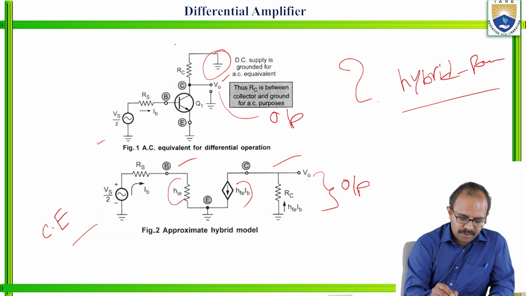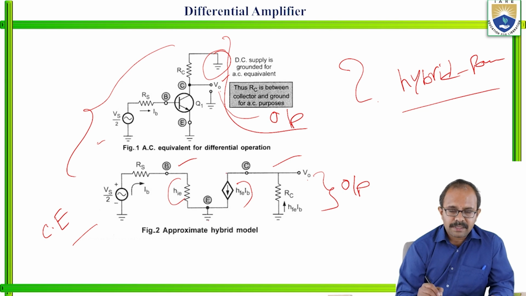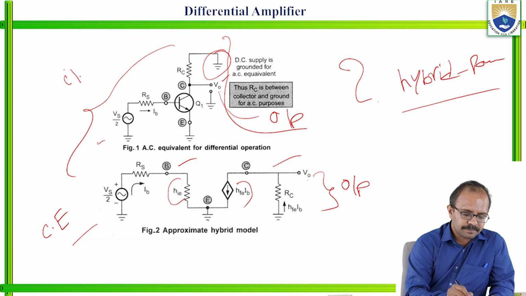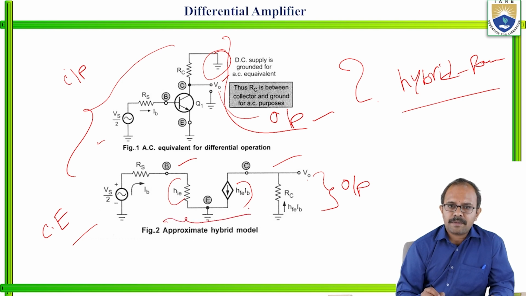This is your input section and this is your output section, right? What is meant by the hybrid parameter model? The entire transistor is replaced by the hybrid parameter model.